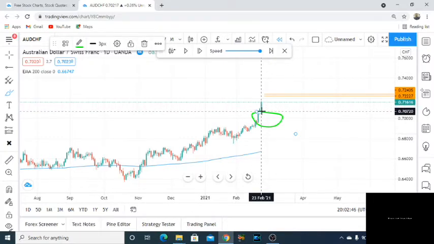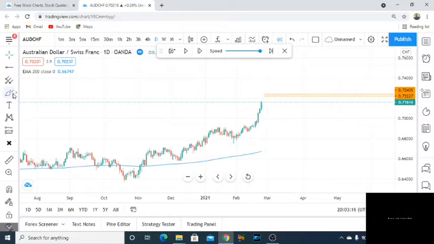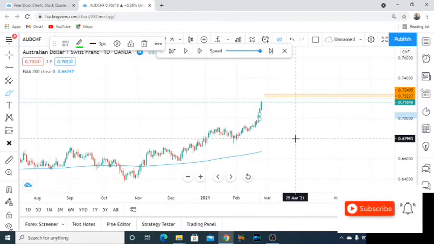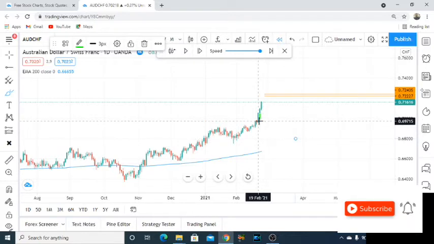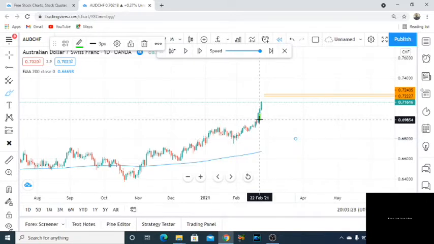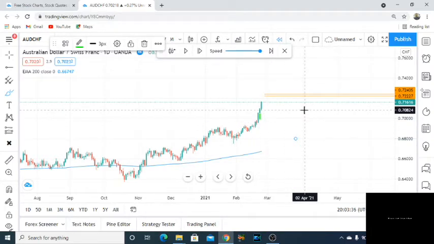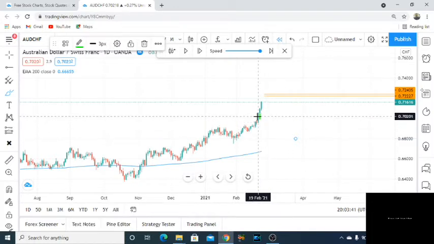But if there was a bullish candle here with a tail like this, there would be no imbalance here, because that means there were sellers also involved in this area.